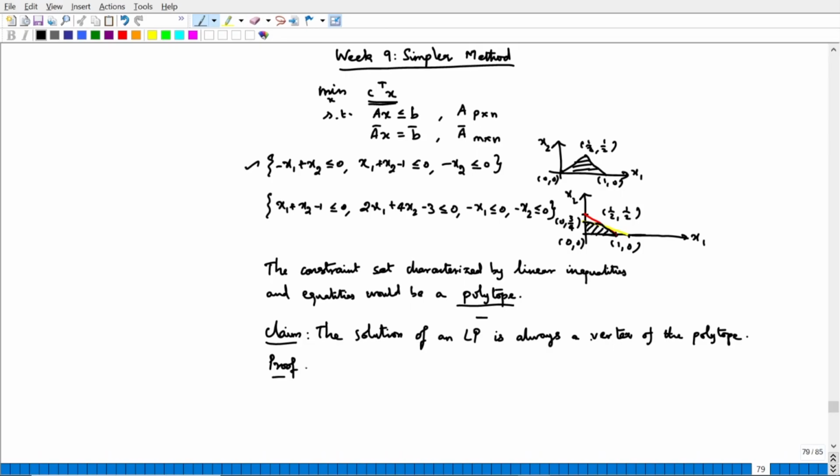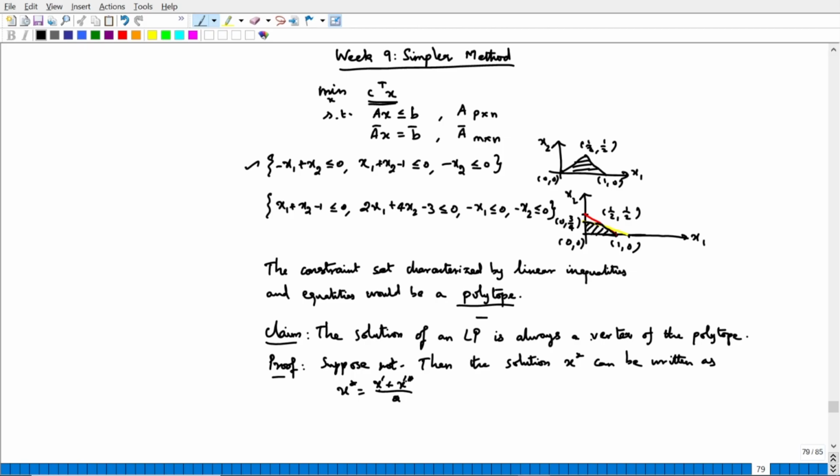So why is that the case? Let us prove this. Suppose not, okay. Then the solution x star can be written as x star equal to, say, x dash plus x double dash by 2, right.